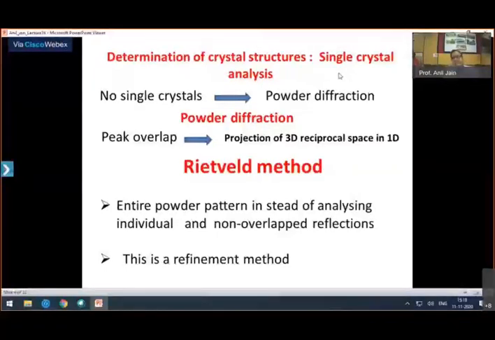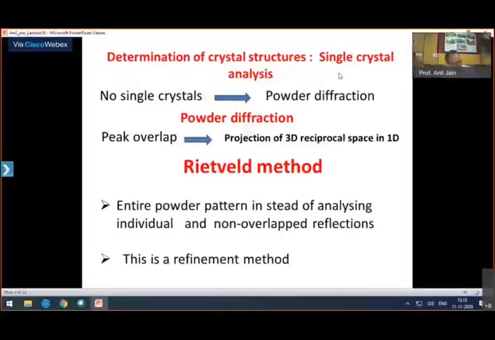But the moment you do the experiment with the powder diffractometer, all these 3 sets of planes give the peak at the same location. So there is a problem of peak overlap, and that's what makes it difficult to get information from powder diffraction, because you cannot get the intensity of each individual peak.